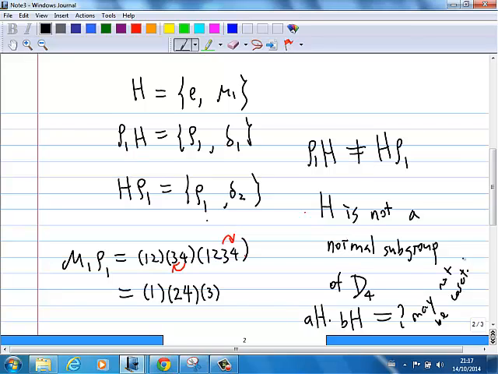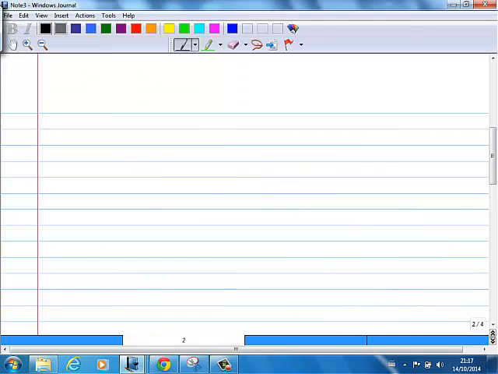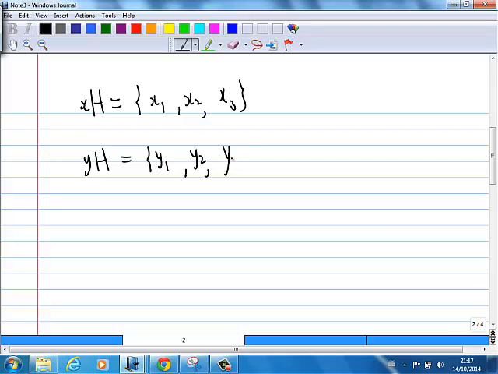Okay, the meaning of multiplication is this. Suppose you have a left coset xH, let's say you got 3 elements, x1, x2, x3. And then another left coset yH, let's say y1, y2, y3. We know that all the cosets have the same number of elements. So when you do xH times yH, trying to multiply cosets, what do you get actually?